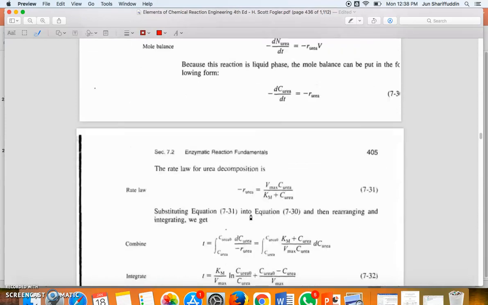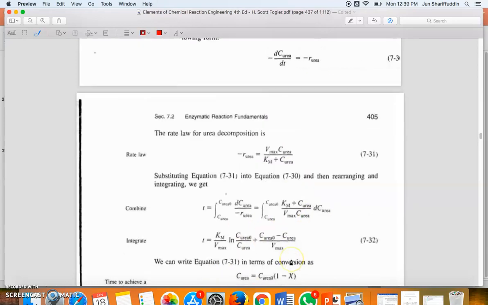The next one, we can also predict or determine the time required for the reaction to occur. For example, from the Michaelis-Menten, when you substitute negative rS equals dCA over dt, and combine these two and integrate it, you can estimate the time required in the batch reactor using the same Km and Vmax you determined from the Lineweaver-Burk plot just now.